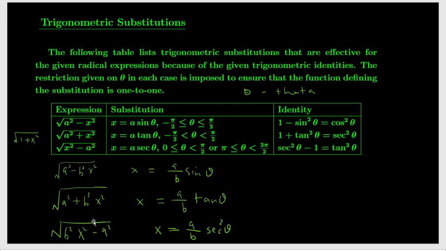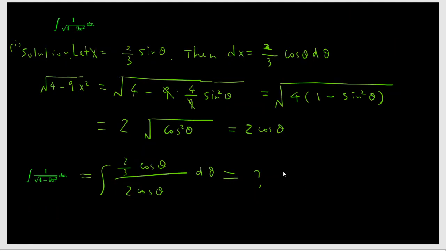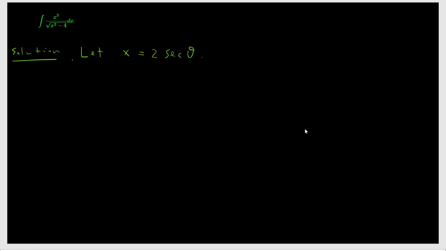Together with the 3 new lines, you'll have almost all the cases. Actually, there's only one extra case, and I'm going to show you the extra case later. But okay, 2 secant of theta. We'll see how this is able to get rid of the radical.